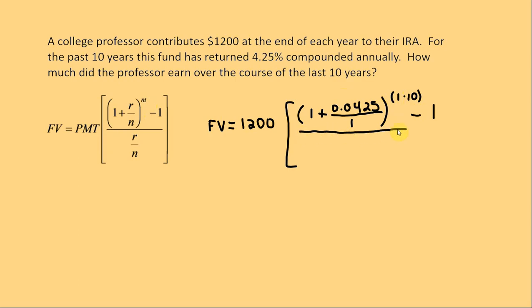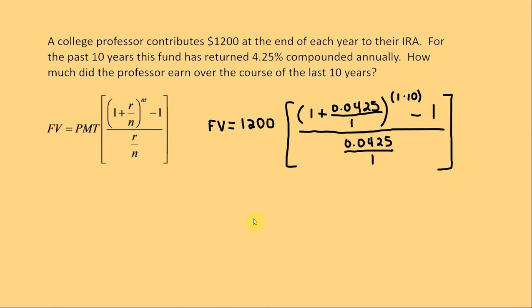And all of this is over that rate divided by the number of times per year again. So we have the 0.0425 divided by 1.